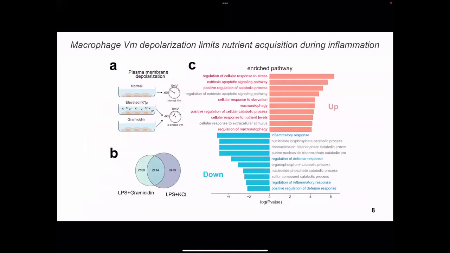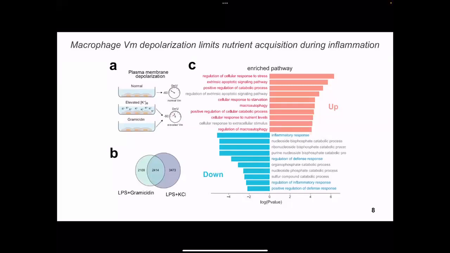So we manipulated the membrane potential of LPS stimulated peritoneal macrophages, measured by whole cell patch clamping or a membrane potential indicator dye, by increasing the extracellular potassium or applying gramicidin, which are two widely used methods for membrane potential depolarization, but through distinct mechanisms.